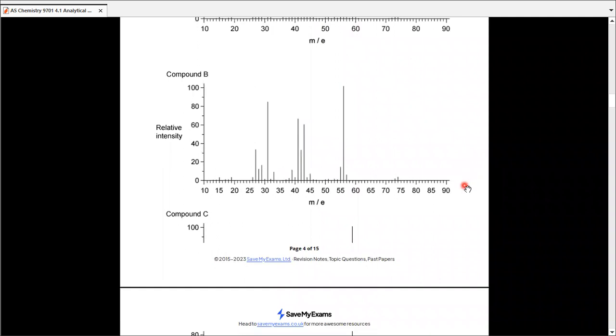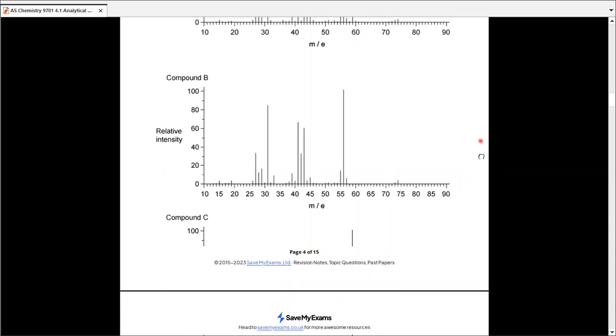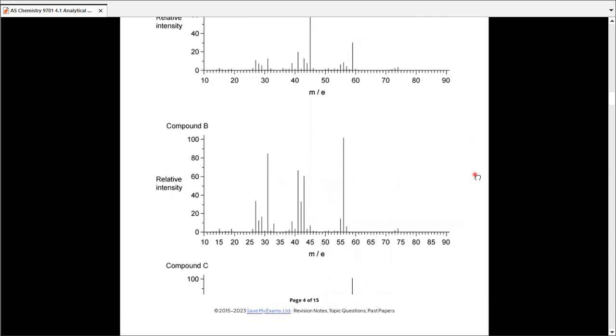The biggest peak is at 56. The molecular peak, however, is at 57.